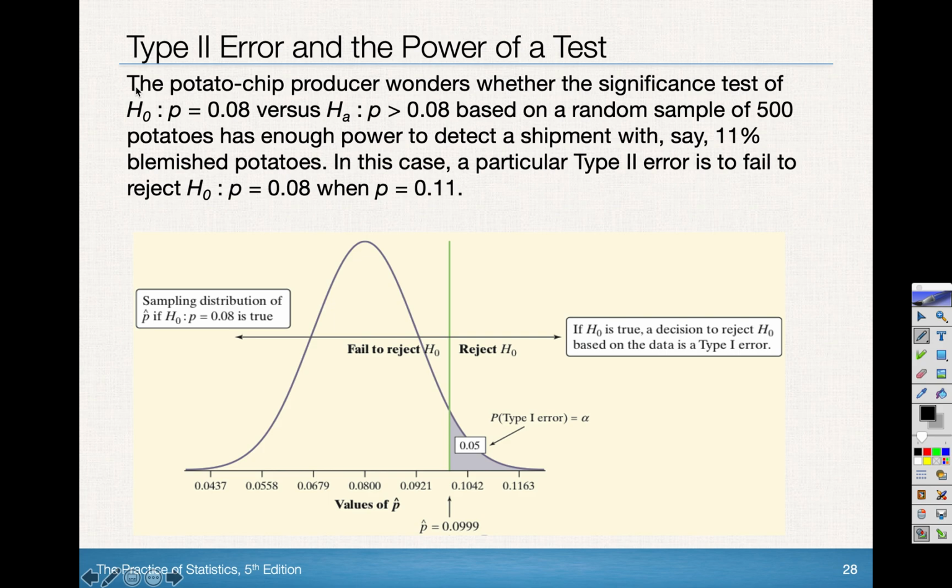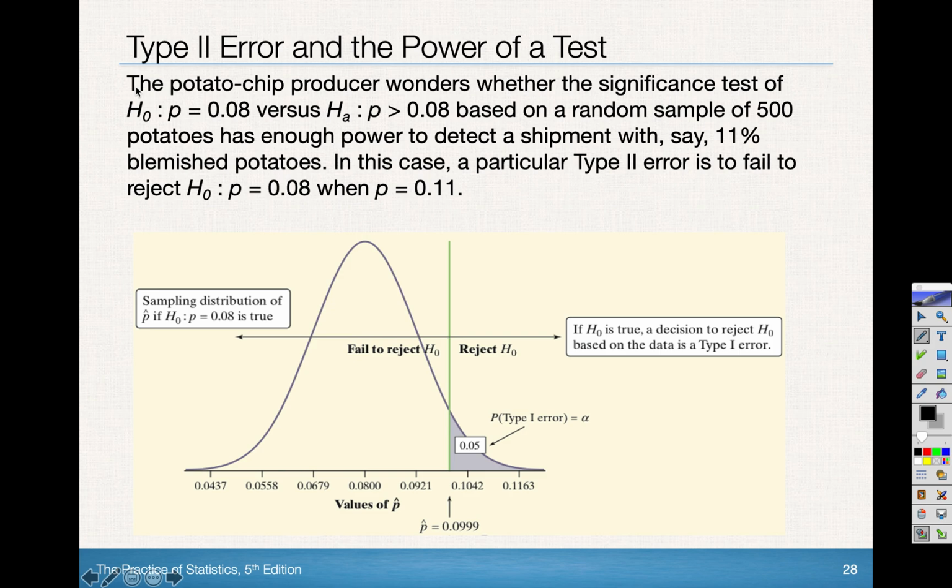Now, he doesn't want to have to drive all the way back to Idaho to get a new truckload of potatoes. So he's just hoping and praying that this data analysis commits a type 2 error, because he knows that his truckload should fail the test. But if a type 2 error occurs, then the truckload will be allowed into the potato chip factory.